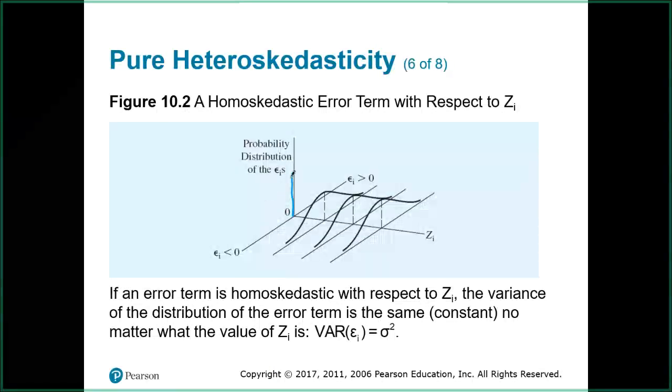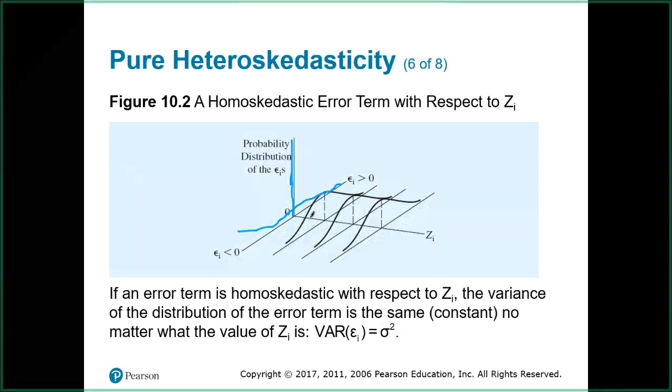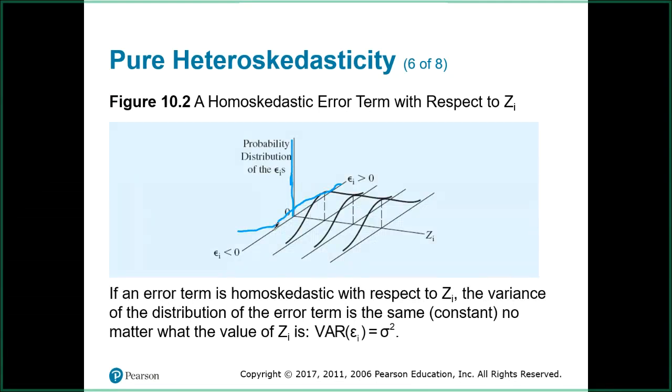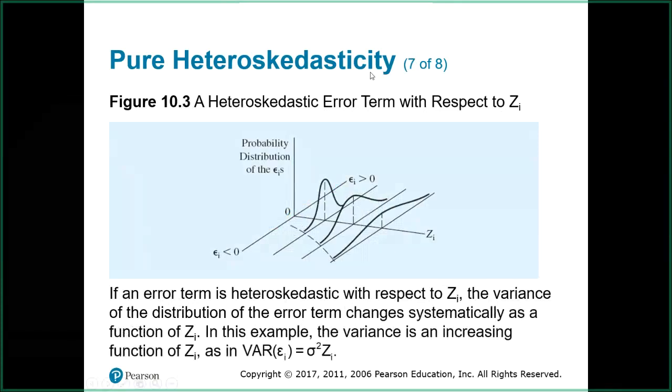Y is not in this picture. So the likelihood of the error term is on the vertical axis, and then the value of the error term is on this diagonal axis. Homoskedastic data, the distribution of the error term is the same regardless of where you are in the data set. Heteroskedastic data, the distribution of the error term changes depending where you are in the data set.